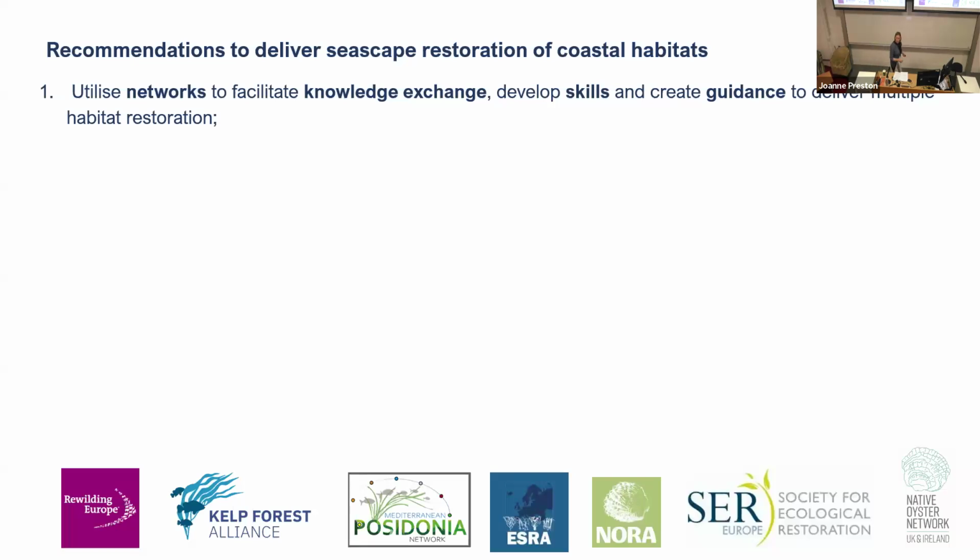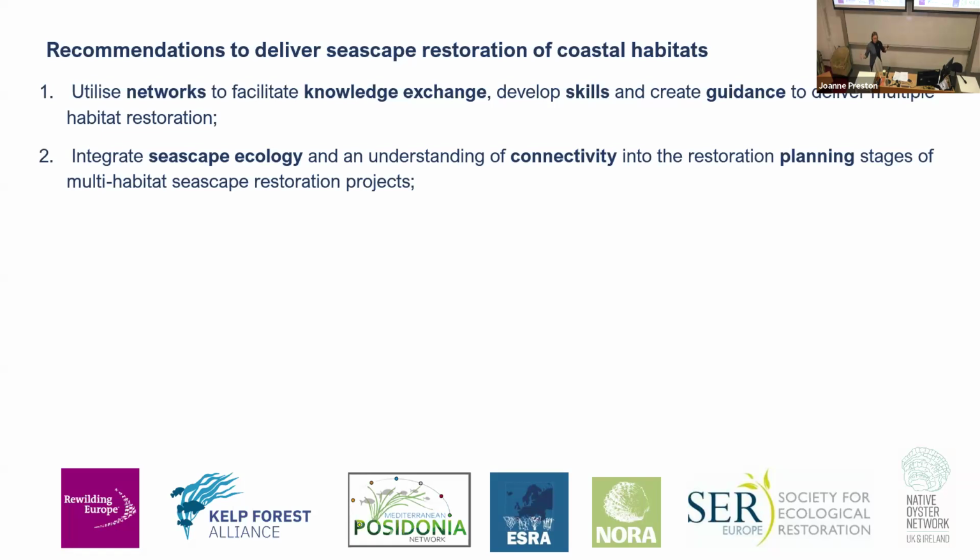So therefore, to do that quickly, we need to use networks to facilitate knowledge exchange. We need to actively develop skills to deliver it. We're not doing that in our curriculums at the moment, and create guidance to deliver multiple habitats at scale. We need to integrate the best seascape ecology and an understanding of connectivity into restoration planning.